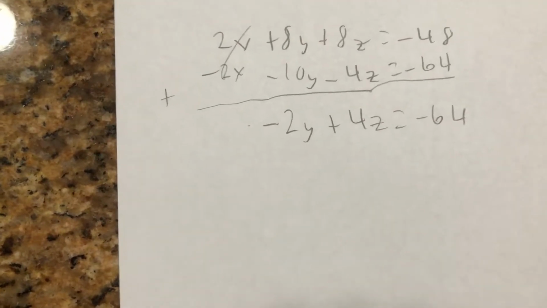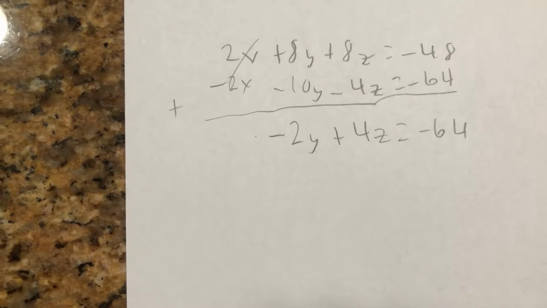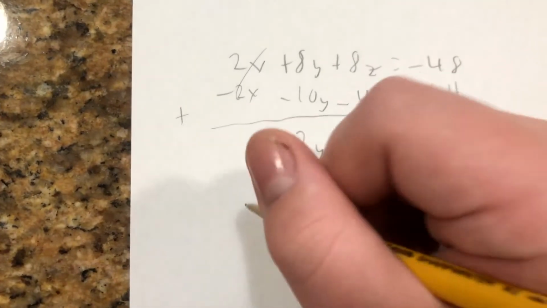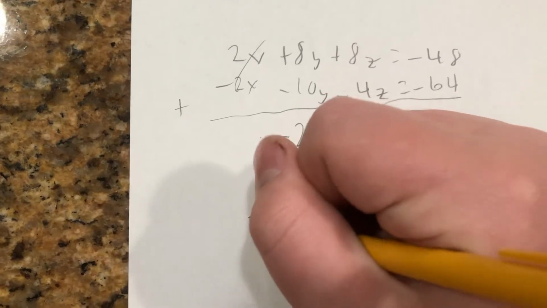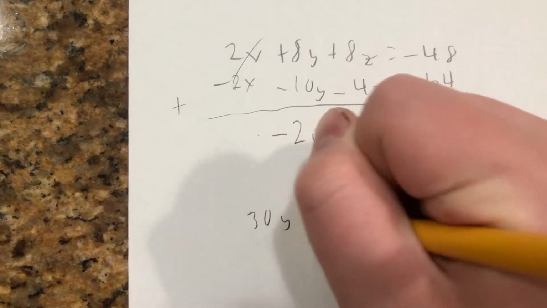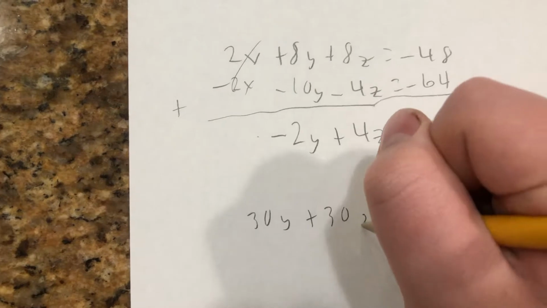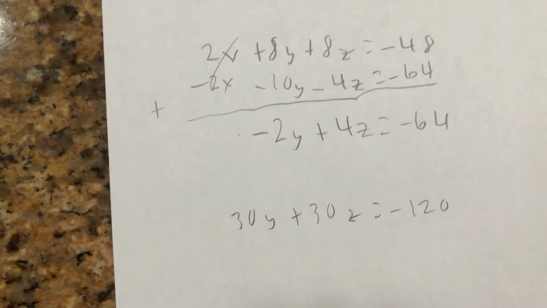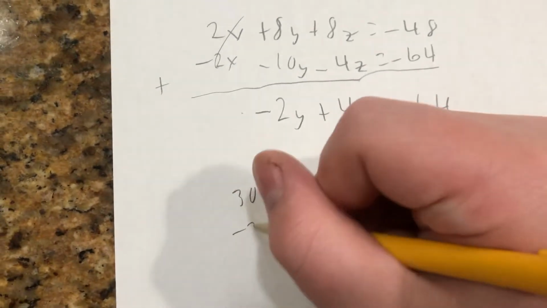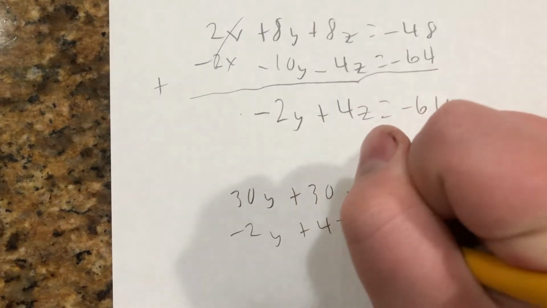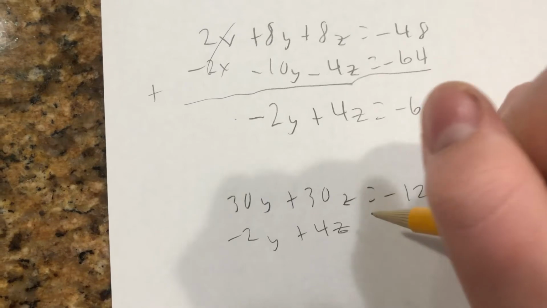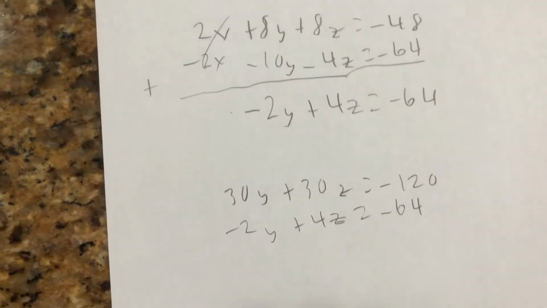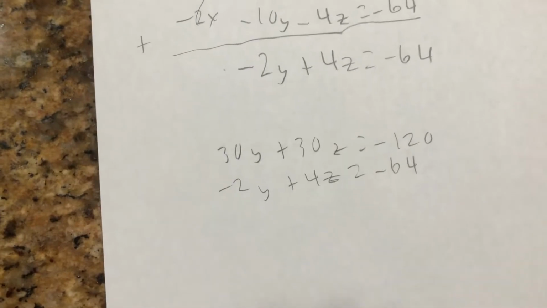We next will rewrite the equation from the first and second steps. And so it will be 30y plus 30z equals negative 120. And then negative 2y plus 4z equals negative 64. And we will next need to do a scaling part.